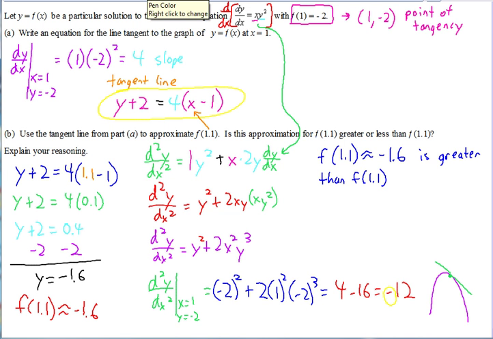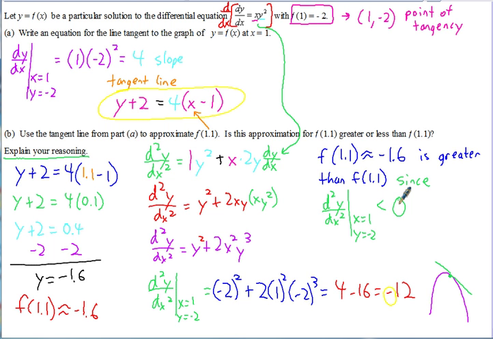And it says to explain your reasoning. So again, that would be since we just figured out the second derivative, specifically when x is 1 and y is negative 2, is less than 0.